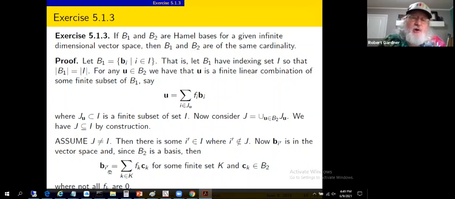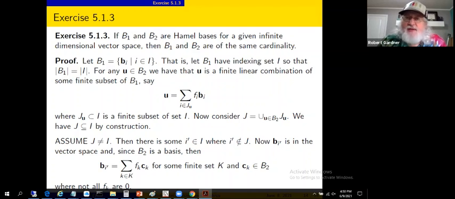That is, b sub i prime is some linear combination, a sum over indexing set K of f sub k, c sub k. K must be a finite set because we're only doing finite linear combinations, because we're talking Hamel bases. And we're taking the c sub k's from the second basis this time. Not all the f sub k's are 0 because b sub i prime is an element of a basis.